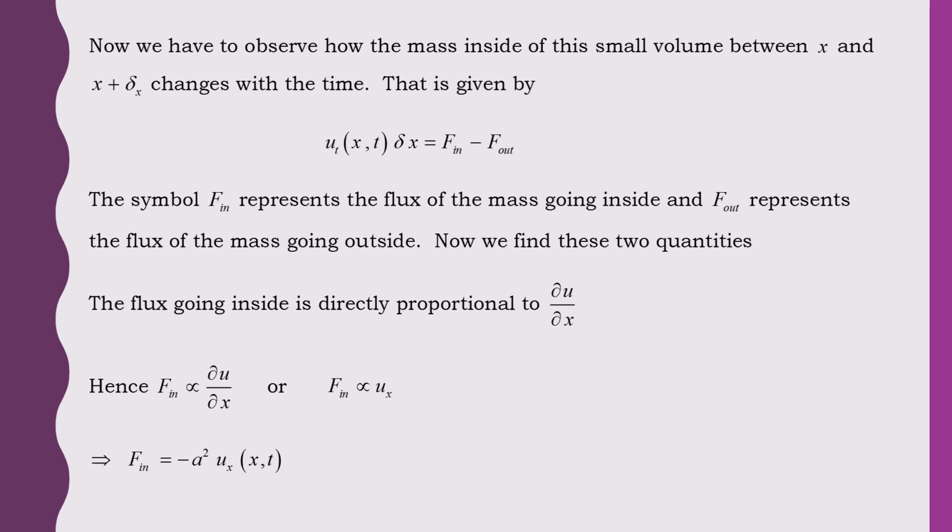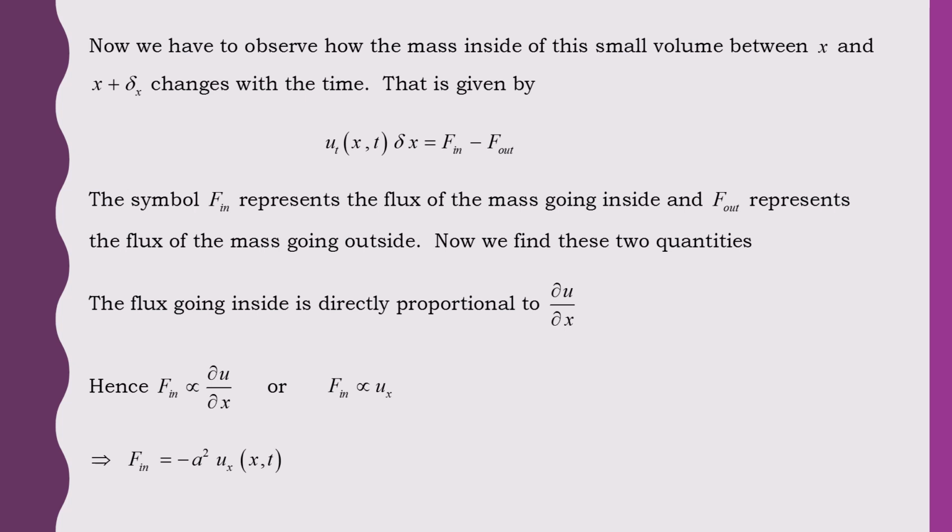Here we have to find out the inward flux and the outward flux separately, and we need to substitute them in this equation. The inward flux f sub in is directly proportional to u sub x. u sub x means dou u by dou x.